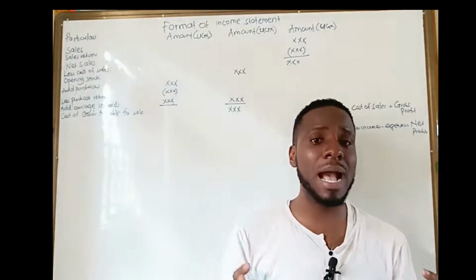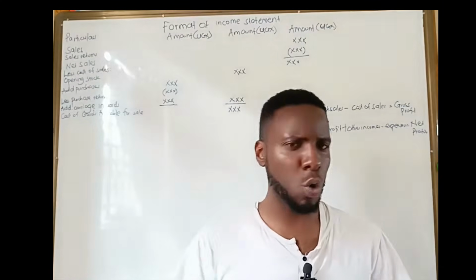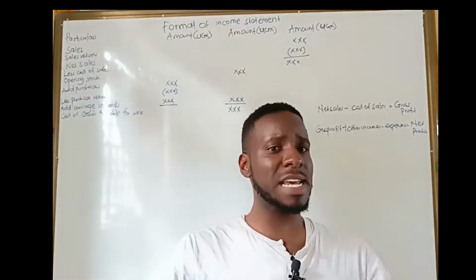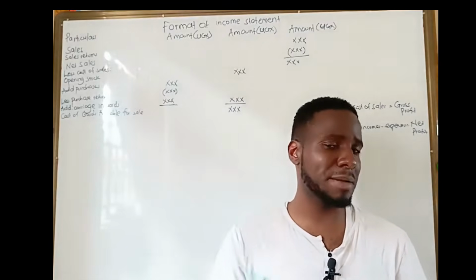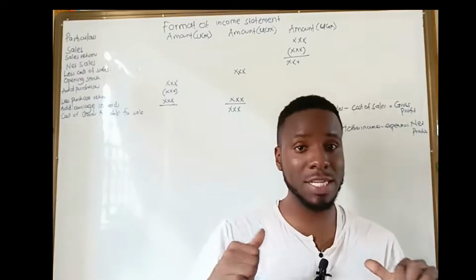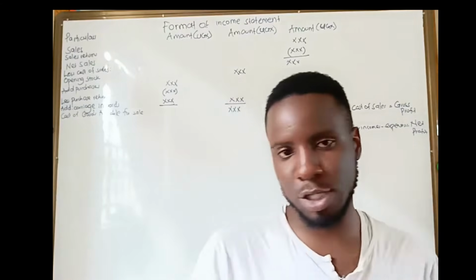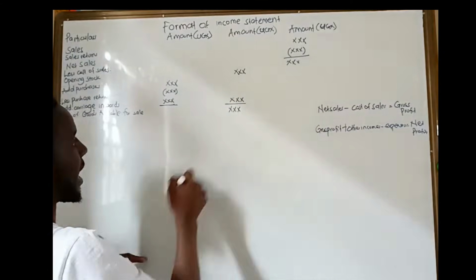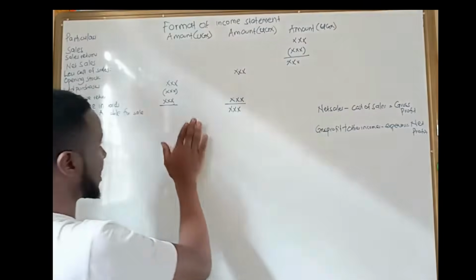Remember, all this becomes one in store. So those are the goods that are available for sale. If I want to sell, those are the goods in my store that I can trade against. So that's why we add it here, and we get the cost of goods available for sale.